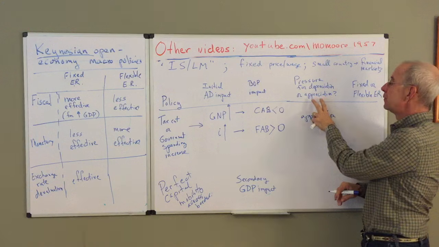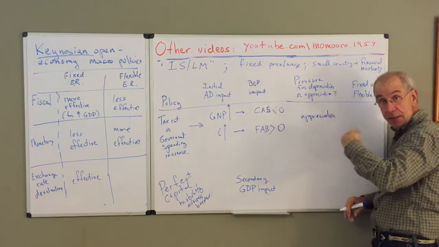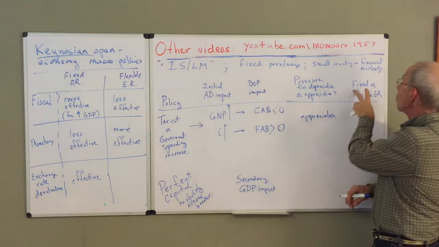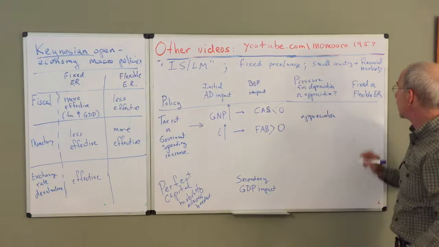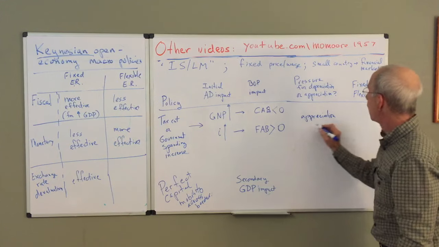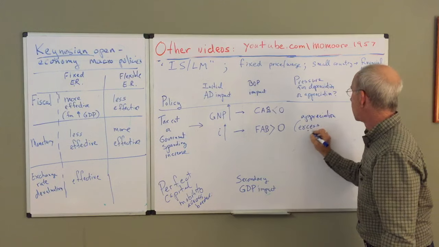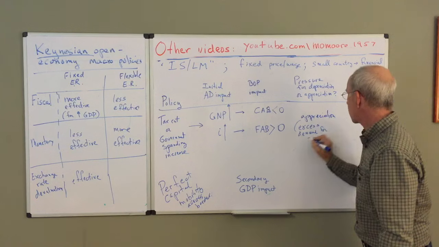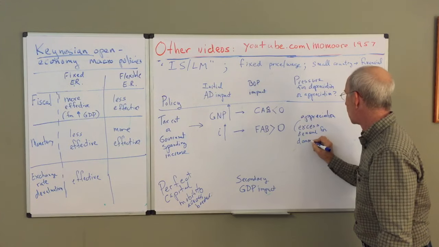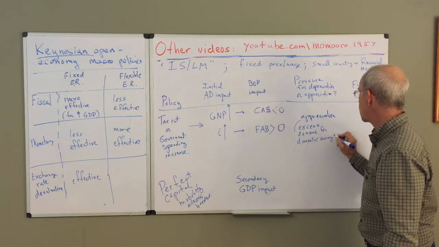What you then have is that the central bank, with fixed exchange rates, and that's the example we're using, will intervene. So we have excess demand for domestic currency in the foreign exchange market.